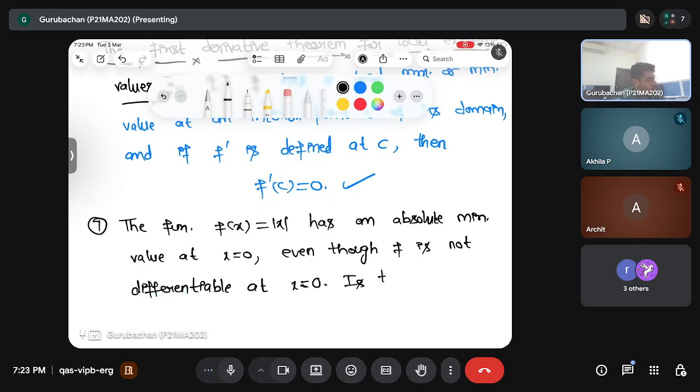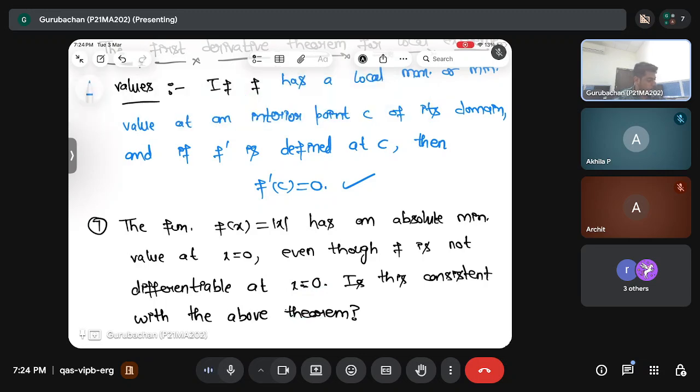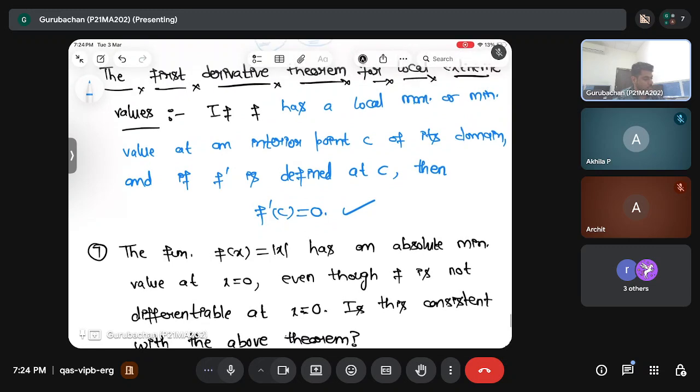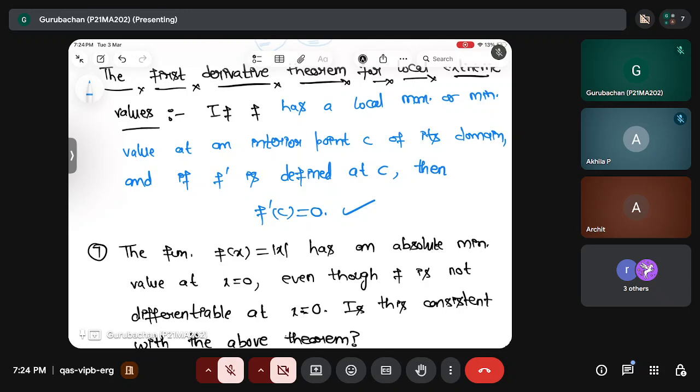Is this consistent with the above result, or in fact the above theorem? Tell me this one. Yes, sir, it is consistent with the above theorem.